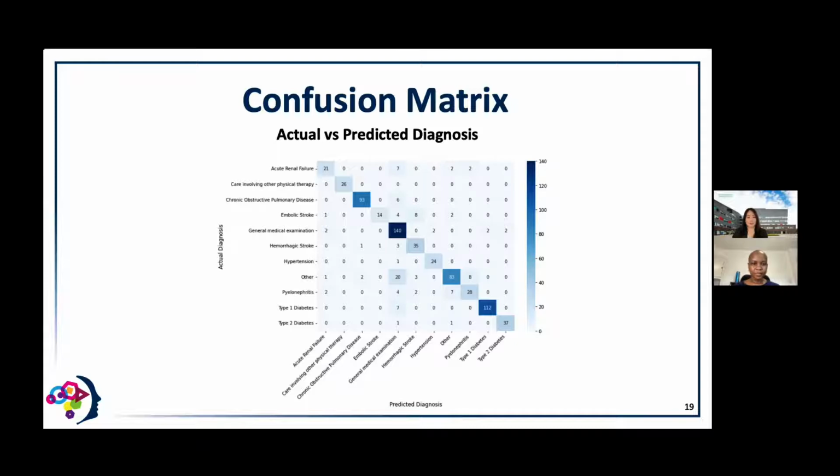One example I gave was that it's often confusing embolic stroke with hemorrhagic stroke, likely because a lot of the words used in the medical text to describe stroke are similar. And the other category is also tricky, as we mentioned, because it's a combination of many of the smaller categories with very different words in there. But this is a good way for you to evaluate the results of a classification model and look a little deeper into what it is actually doing and what types of mistakes the model is making.